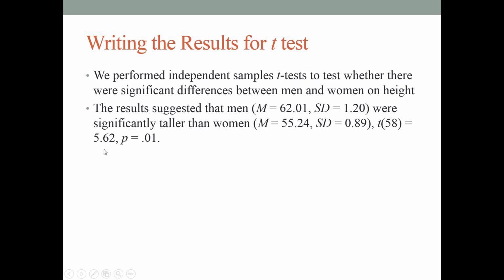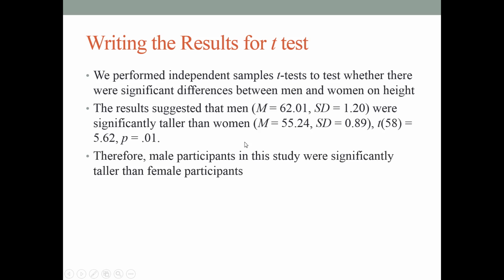Then t equals 5.62. This is the t statistic. Again, the value will be reported by the software. And then the p-value equals 0.01. You can see this p-value is less than 0.05. That's why we say it's significantly taller. And then you explain what this means: therefore, male participants in the study were significantly taller than female participants.